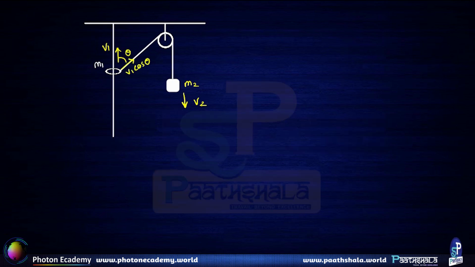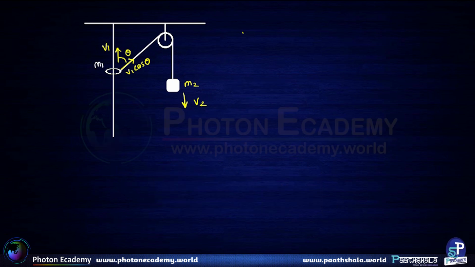Now v1 cos theta will vary as v2 essentially, because you can see that the particle that is moving in this direction has to then recede the string over here, and the string has to come downward in this particular direction. So basically v1 cos theta is going to be equal to v2. So let us say v2 is given and v1 is asked, therefore v1 is going to be equal to v2 divided by cos theta. Same principle that we have been using till now.